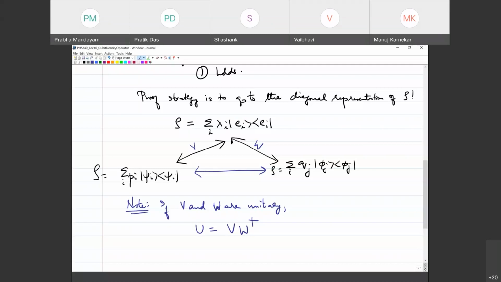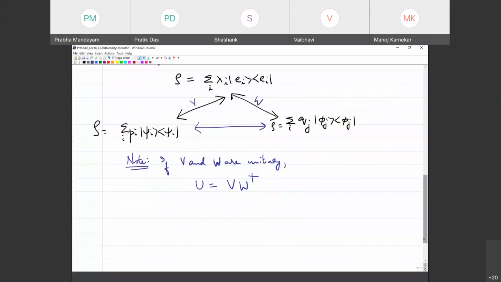Can you check? Which is the product of two unitary matrices essentially. Doesn't matter that there's a dagger there, but I just put it because that's what will turn out in the proof. It will be unitary.